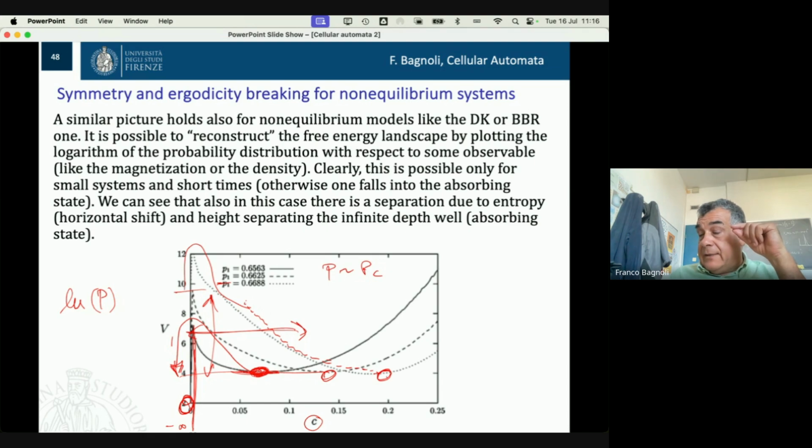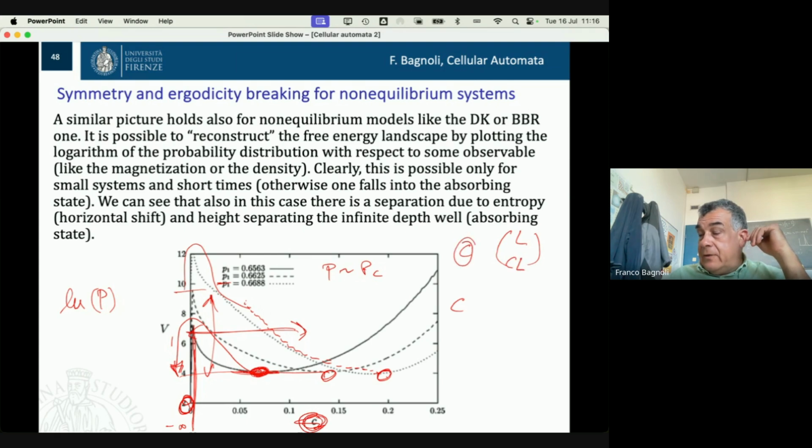And remember that we draw this picture in one dimension using the aggregate magnetization density, but for a given value of the density, I can put here this.